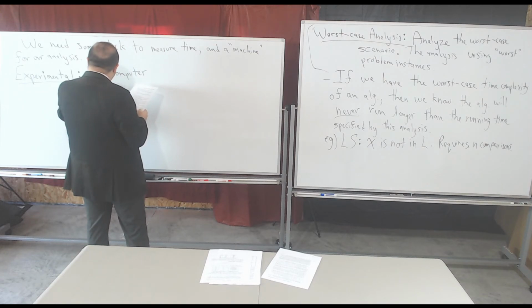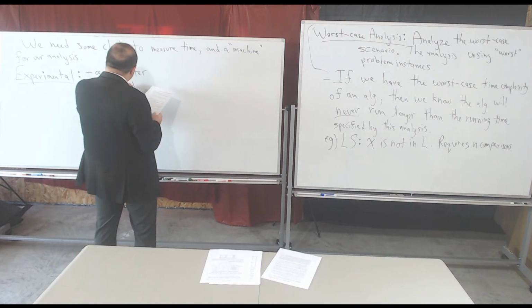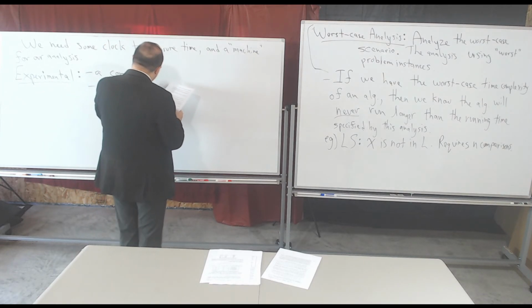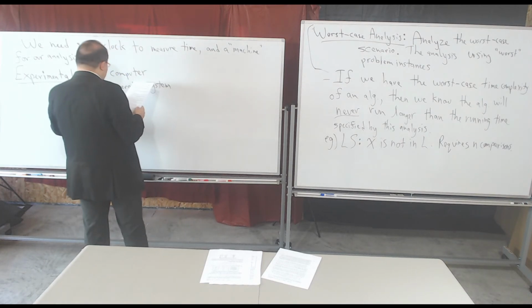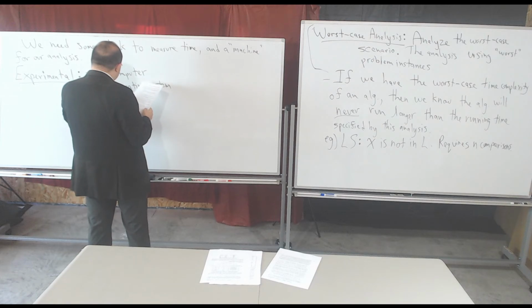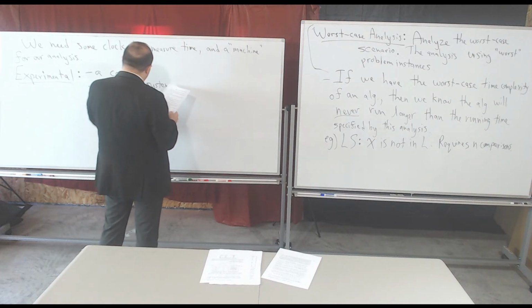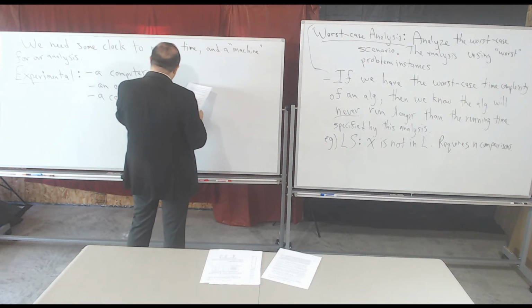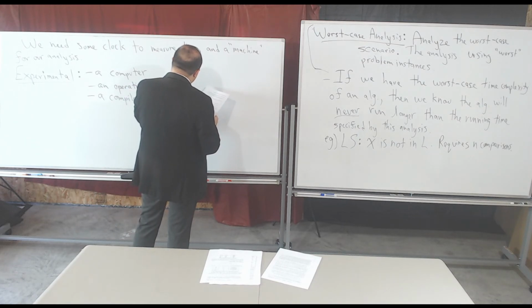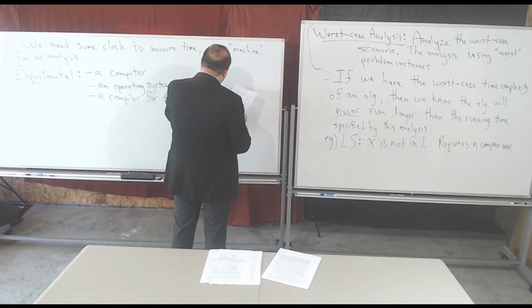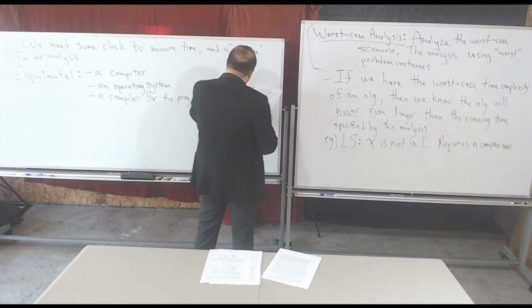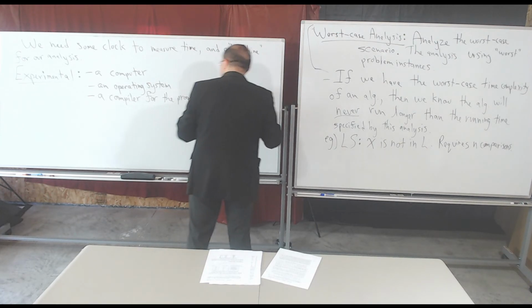Okay. We're going to need an operating system to run the program on our computer. We're going to obviously need a compiler for the programming language the algorithm is implemented in.